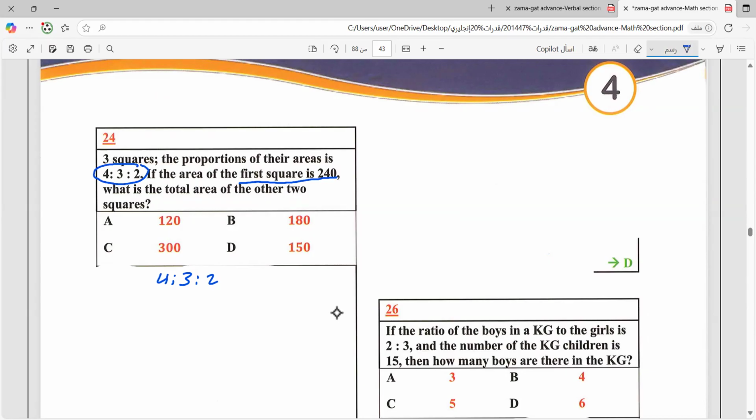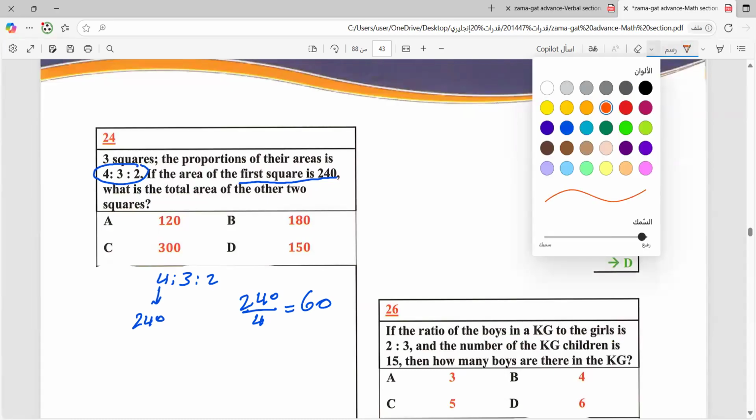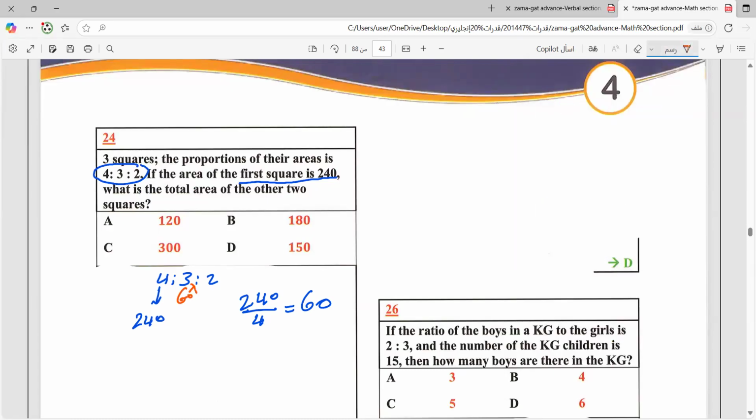To find one part, you divide 240 by 4, you get 60. So this is one part. Now for the second square, you multiply by 60.